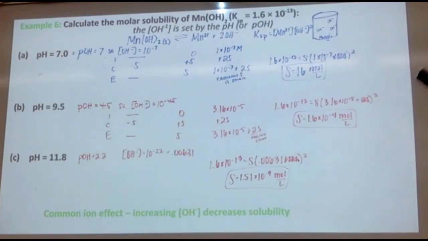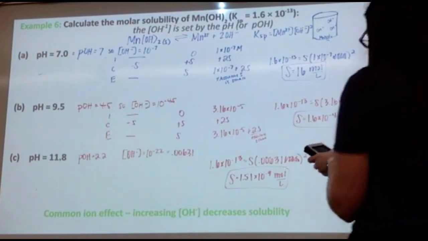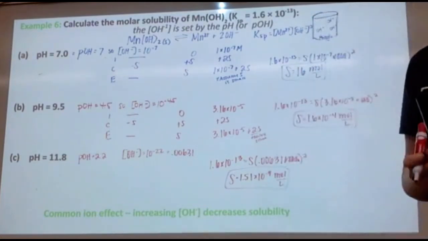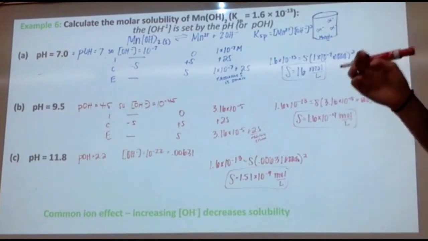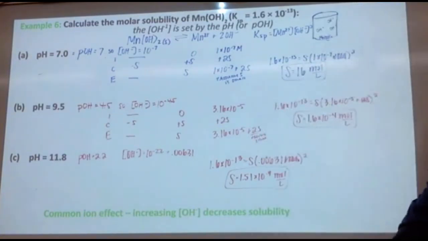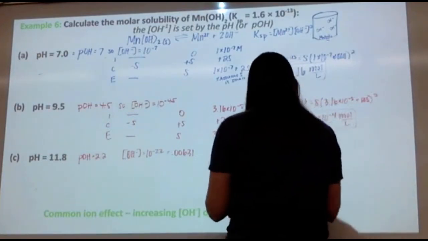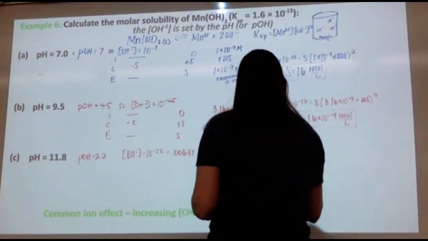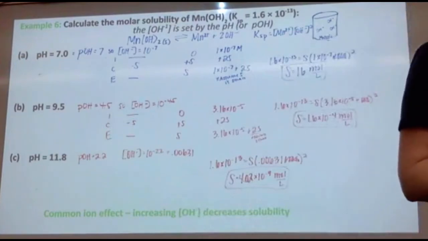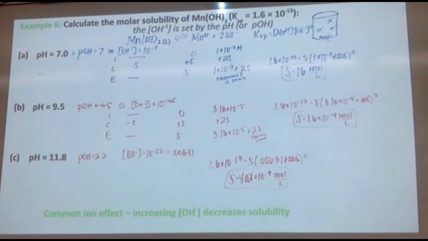Got it. 1.6 e to the negative 13 divided by... There we go. 4.02 times 10 to the negative 9. I don't remember getting that number when I worked through this one. What is it?